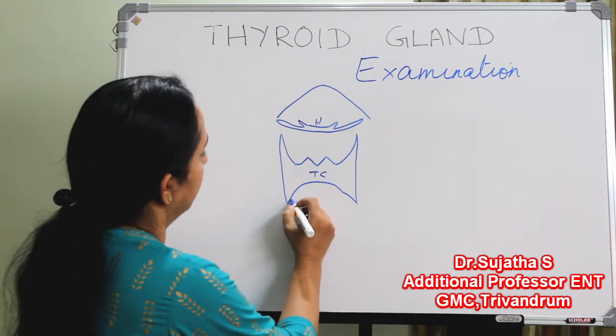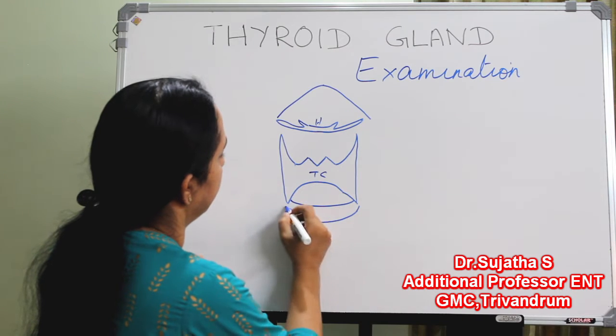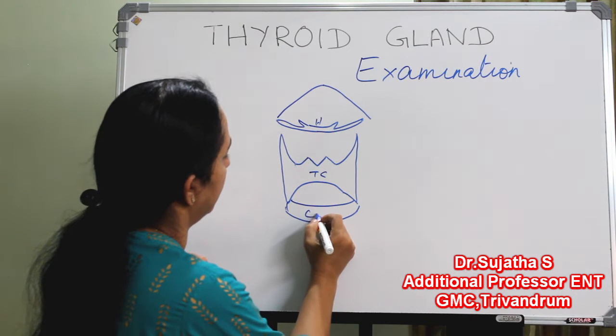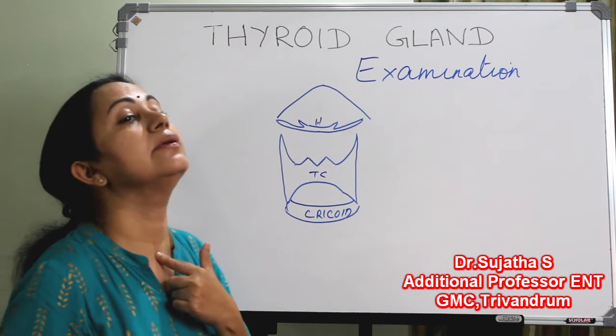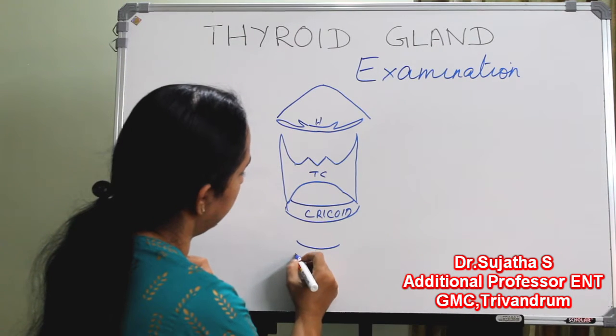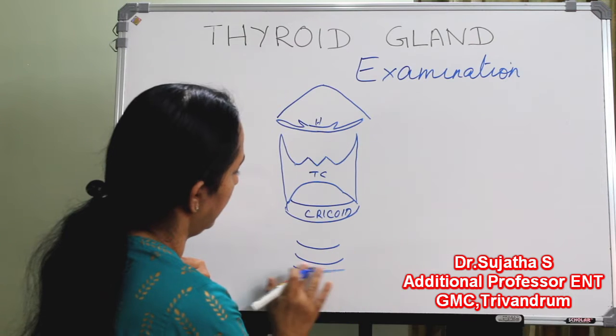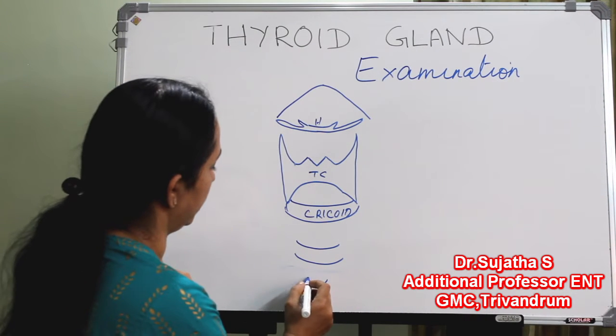So hyoid, then comes the thyroid cartilage, and after that the next one you feel with a different consistency is the cricoid cartilage. And then if you palpate downwards, you will feel the tracheal rings, and also there comes the suprasternal notch.